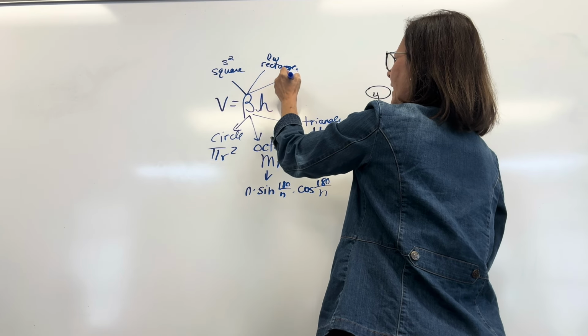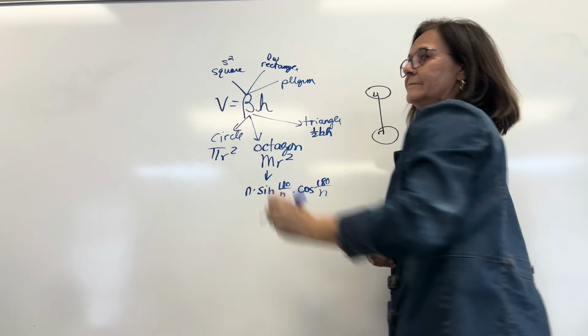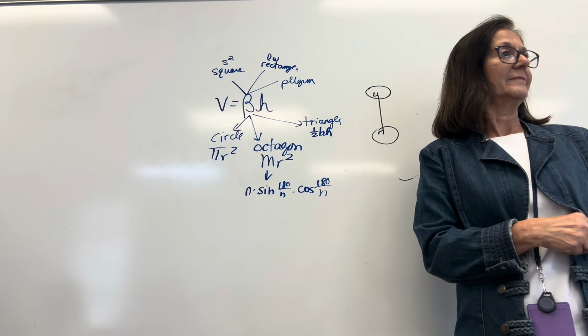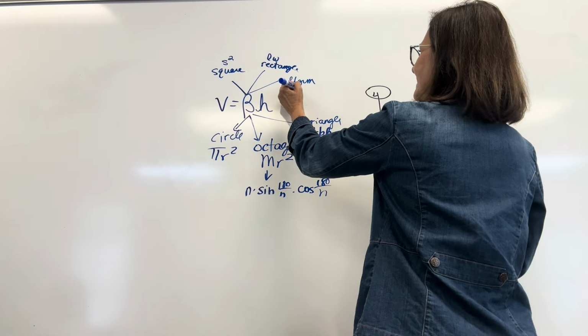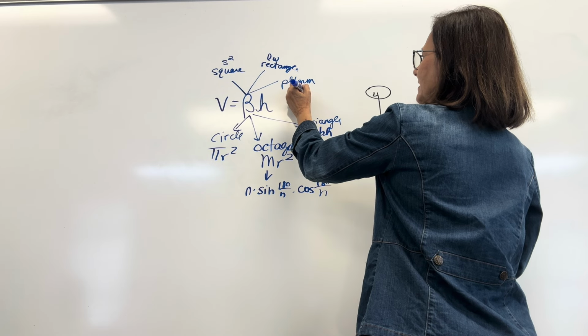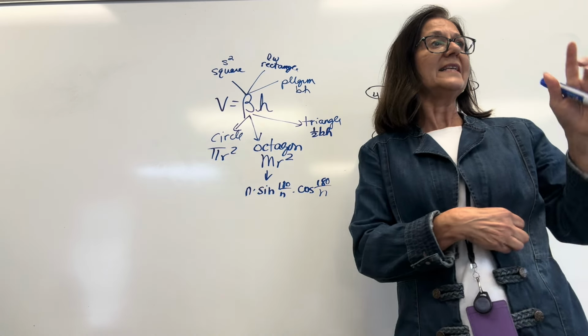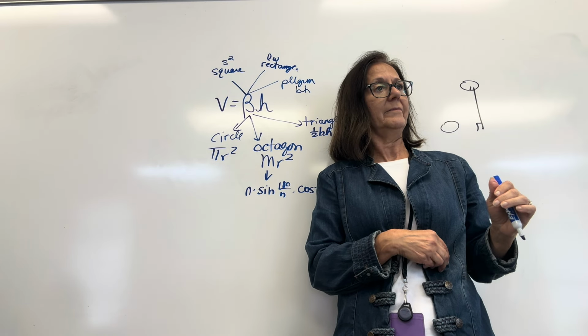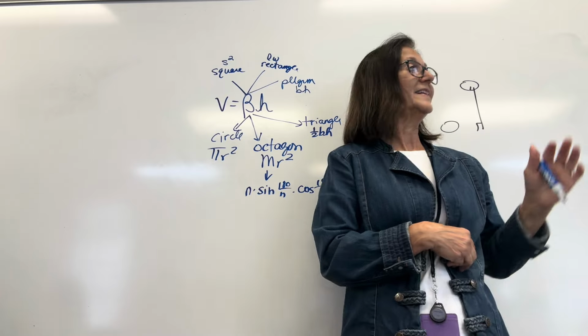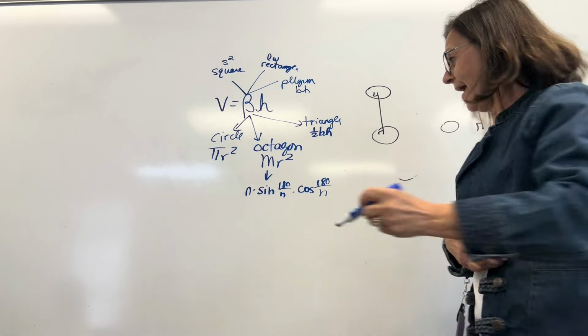What if it's a parallelogram? Base and altitude. Base times altitude, we'll call it height. What is the altitude? Is it the other length of the side of a parallelogram? No. It is not. That is correct.